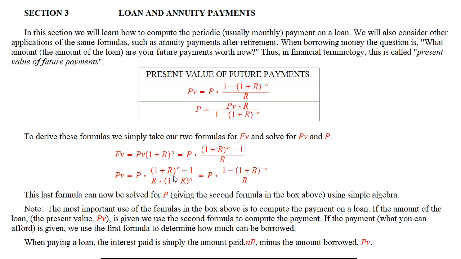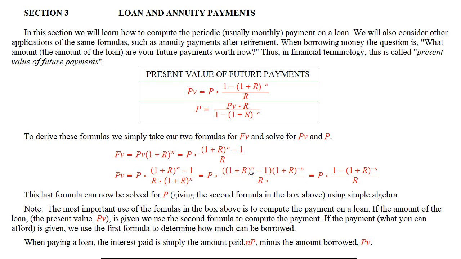And if you want to divide by (1 plus r) to the n, you can multiply by (1 plus r) to the negative n. So I can take this quantity and bring it up on top as a negative exponent, and then multiply that by the (1 plus r) to the n plus 1.